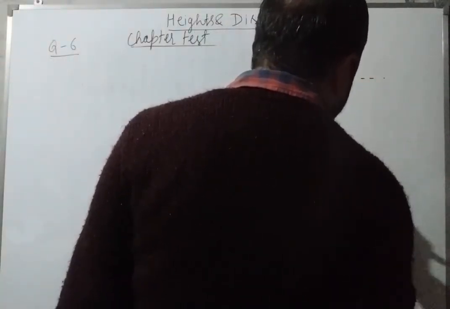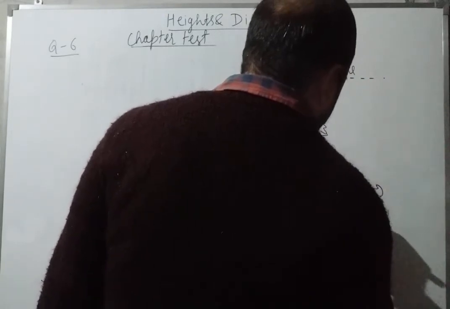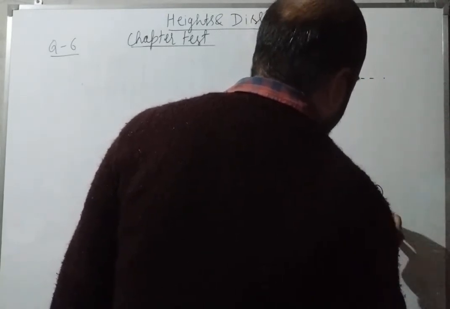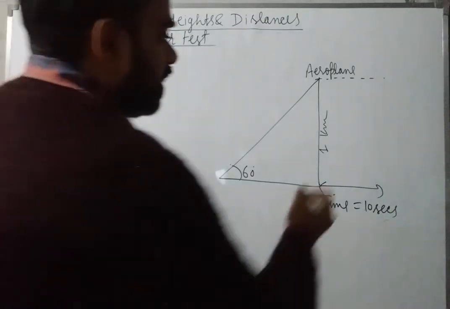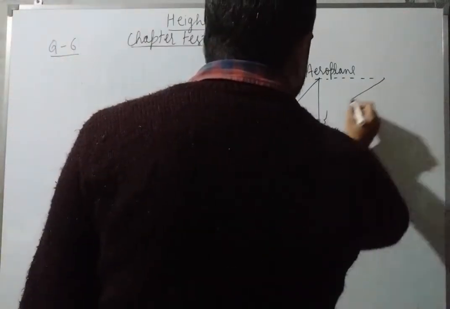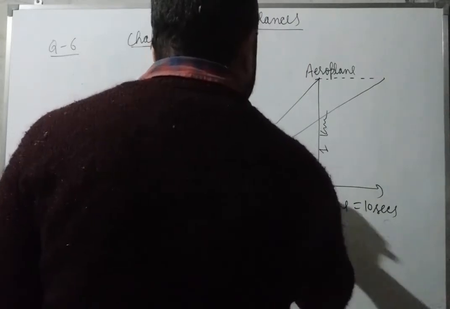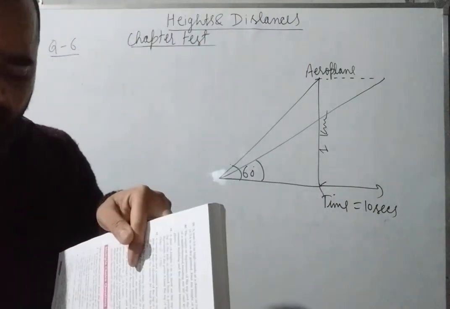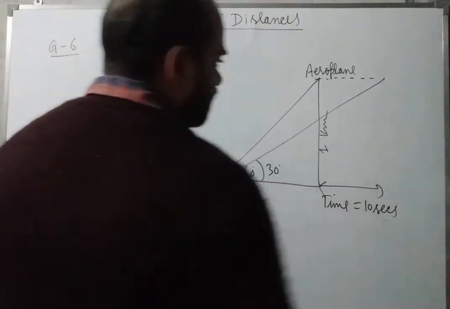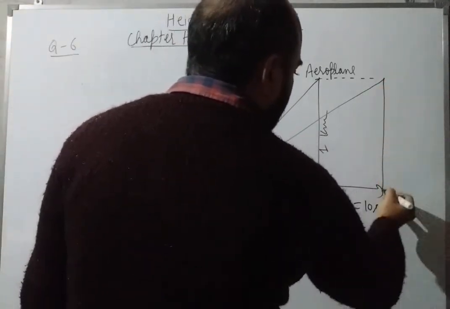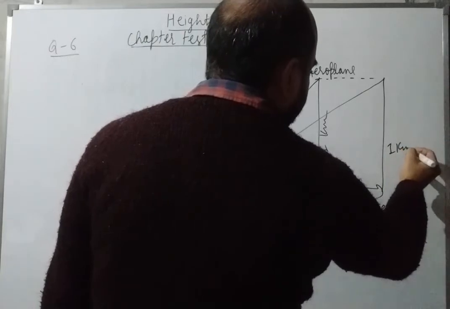So suppose this time gap is 10 seconds. So after 10 seconds, elevation from the same point becomes 30 degree. So this angle is 30 degree, okay, but height remains same, 1 kilometer.